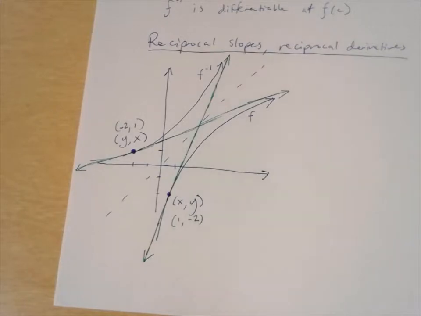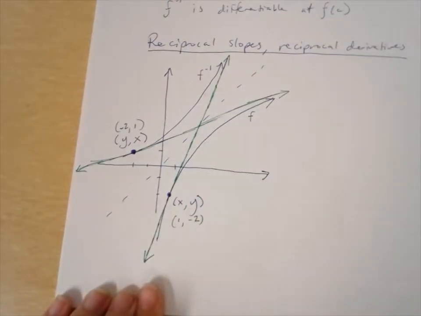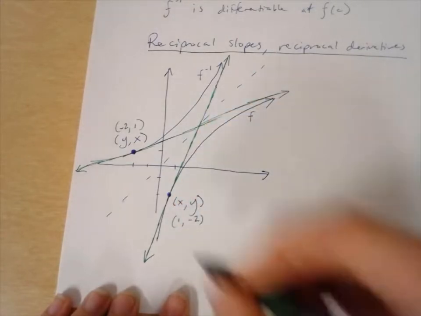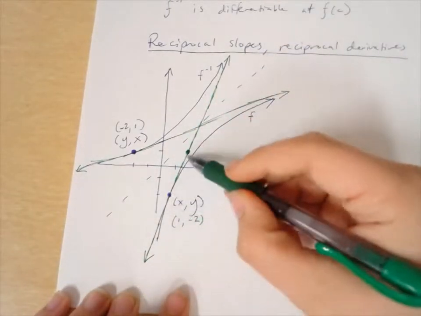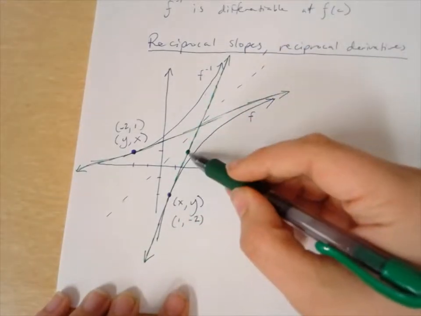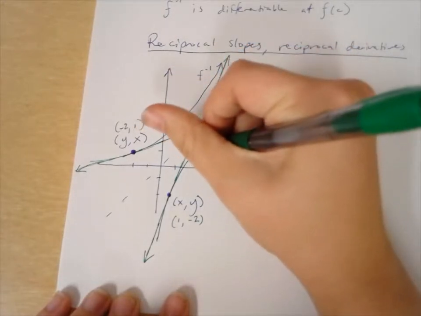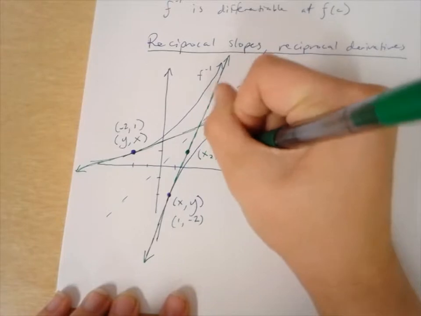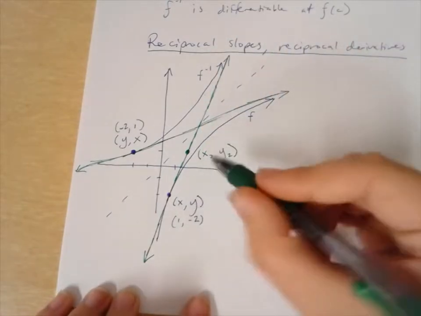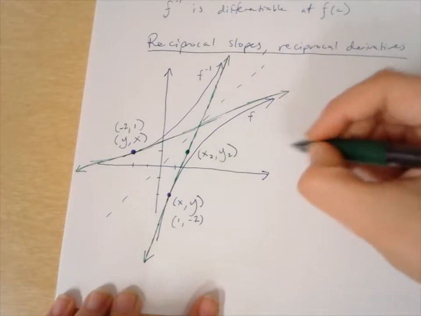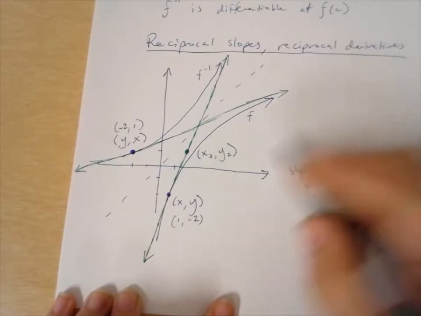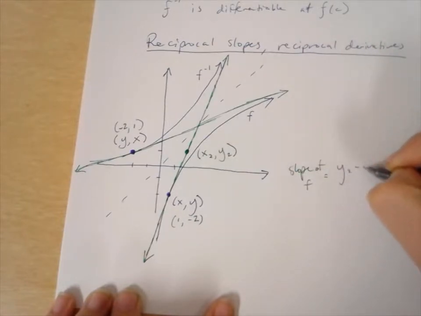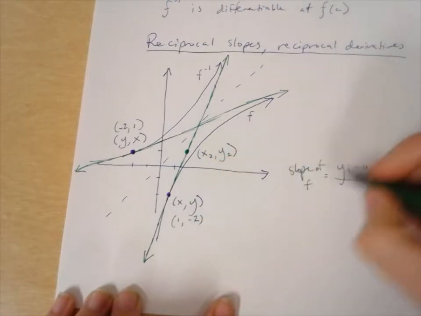And that makes sense because, let me use green, there we go. If we had two points on our tangent line, say x, y and x2, y2, to find the slope of f we would have y2 minus y1, or y2 minus y, over x2 minus x.